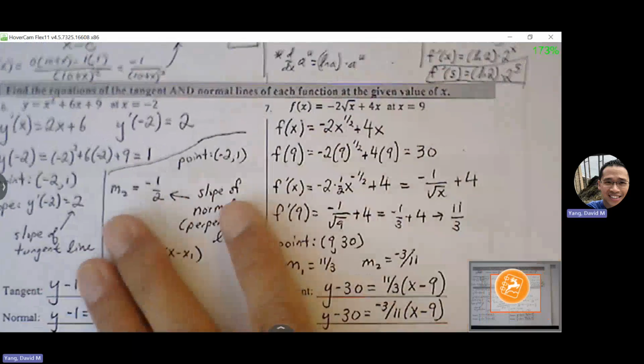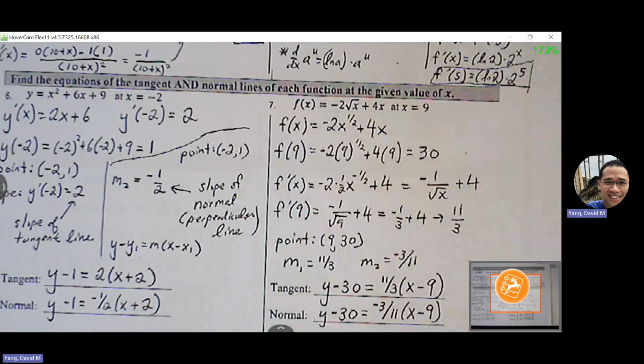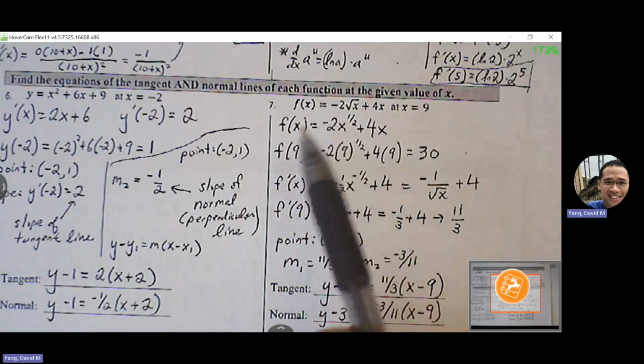So it really doesn't matter which order you gather your information. For me, I decided that I wanted to find my order pair first.